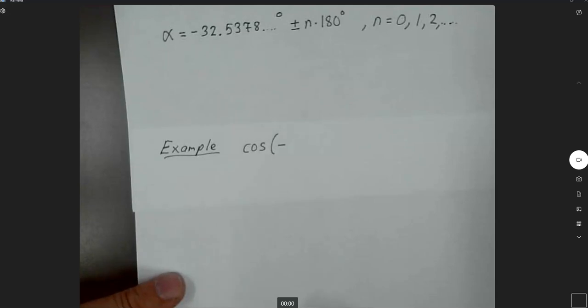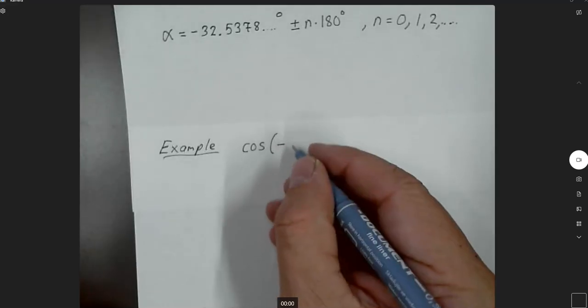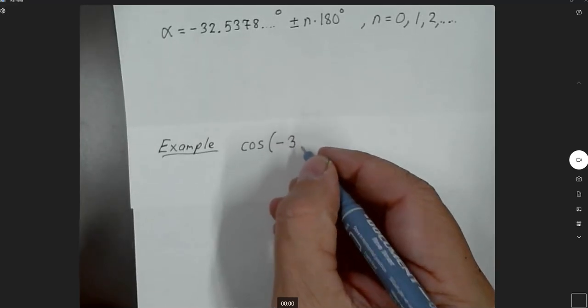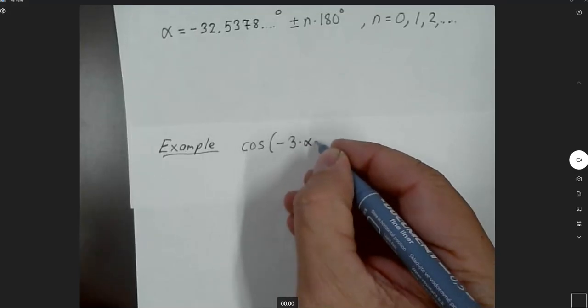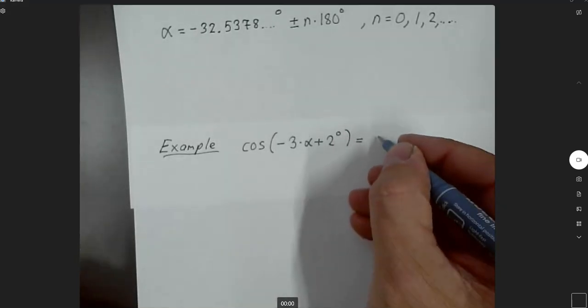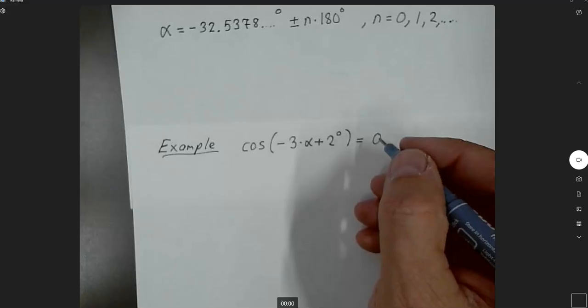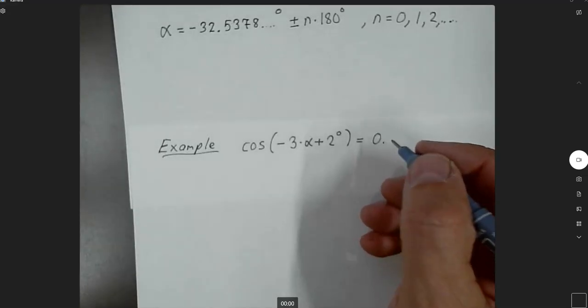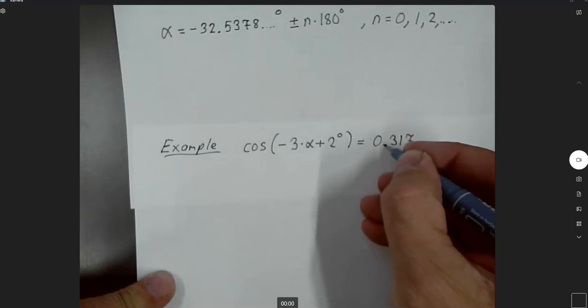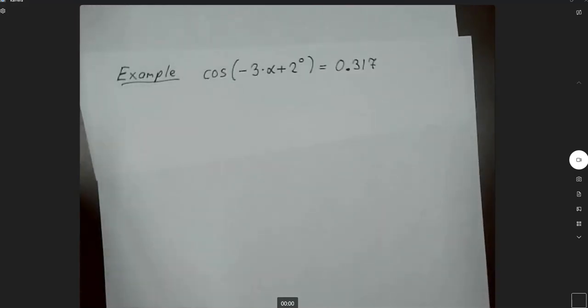Inside the cosine there is not a simple alpha, but there is an expression of minus 3 times alpha plus 2 degrees, and that equals 0.317. Well, I took the same value for cosine there, because where is my earlier example?